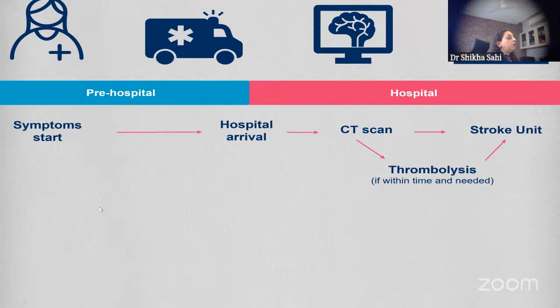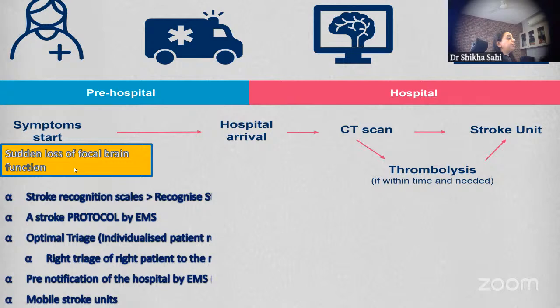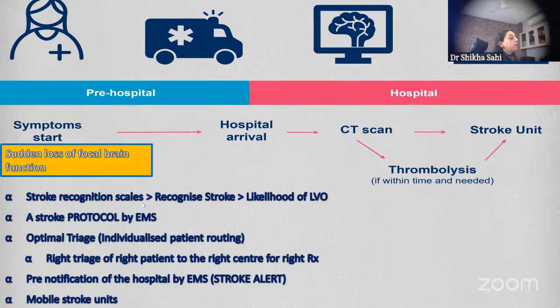So in the pre-hospital setting, once the symptoms have occurred, there is sudden loss of focal brain function. EMS is sent to the patient. The use of stroke recognition scales has improved and will help in recognizing the stroke early.